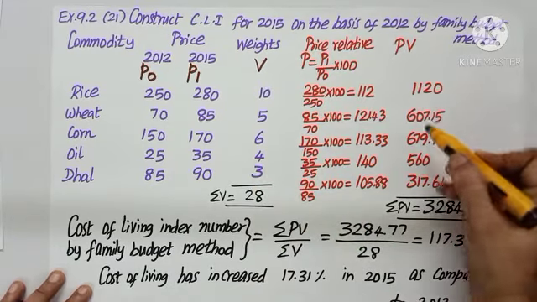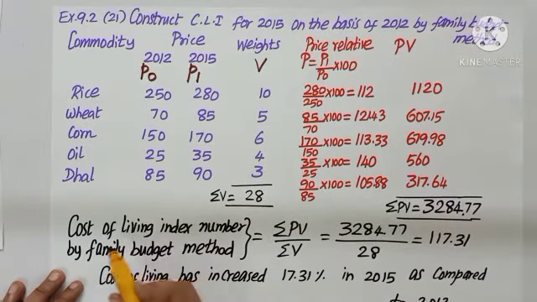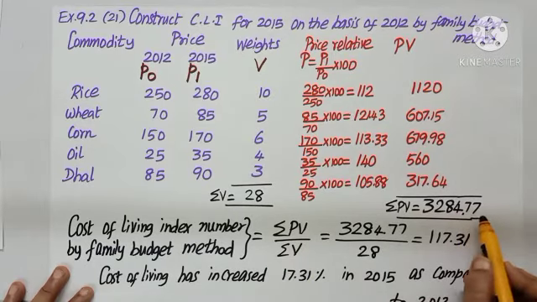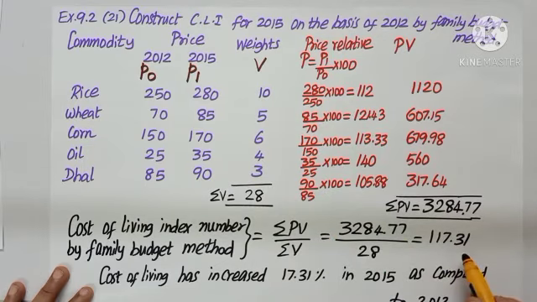Find the total of PV and the total of V. What is cost of living index number by family budget method? It is sigma PV by sigma V. Here we have the total, substitute. As we divide, we get 117.31. What does this mean?